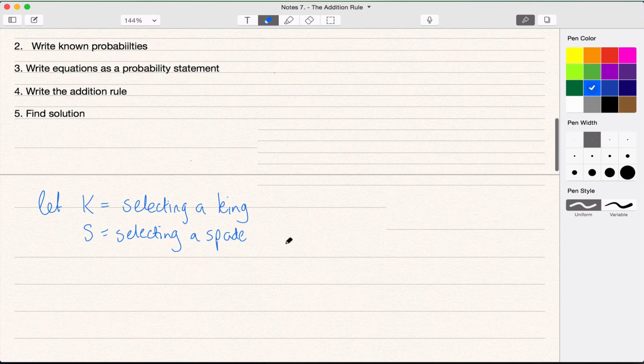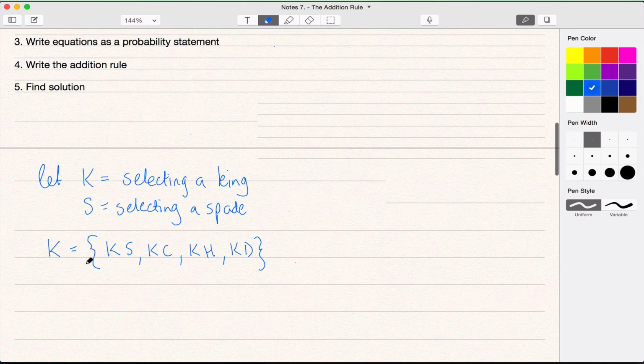Second step is to write the known probabilities. I'm going to start with writing out the outcomes of each set. So choosing a king, you could get a king of spades, a king of clubs, king of hearts, or a king of diamonds. Those are our only options.